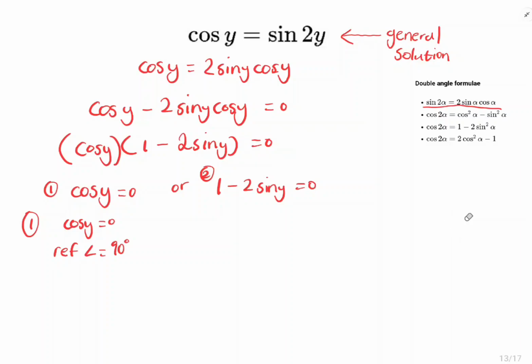So in this situation, how I like to look at it is by a graph. We know that a cos graph looks like this. It's 1 at 0 degrees, and we know that the amplitude for cos is 1.